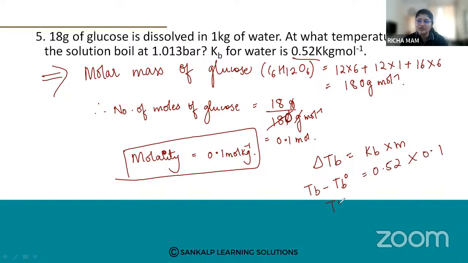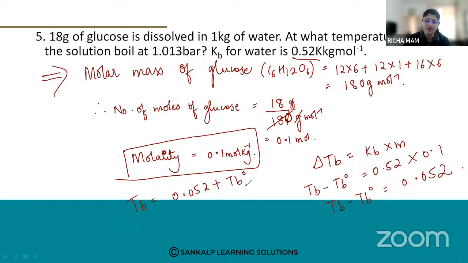So the change in temperature is 0.052. Now Tb will be equal to 0.052 plus Tb naught.